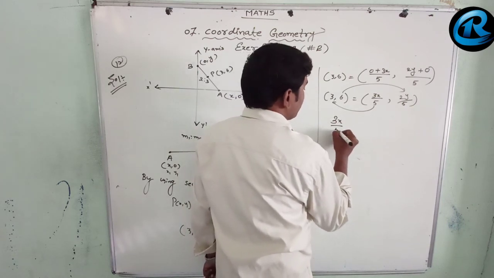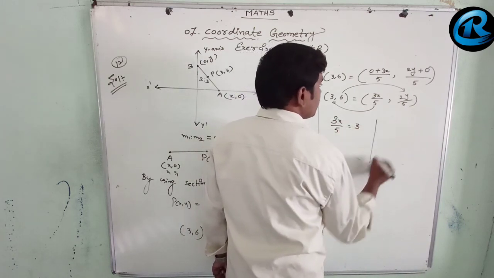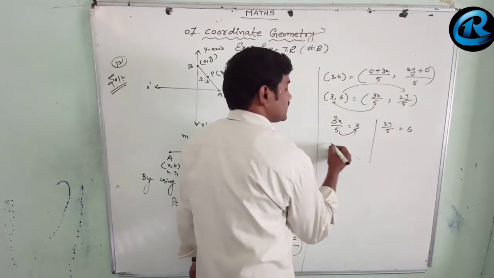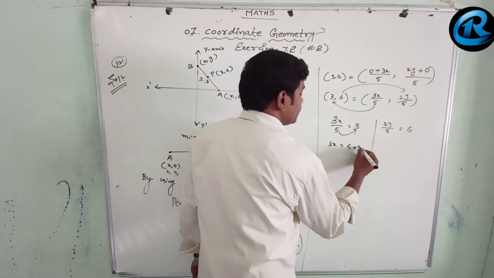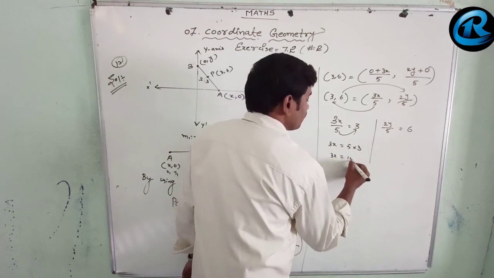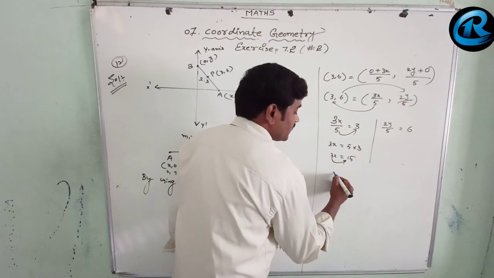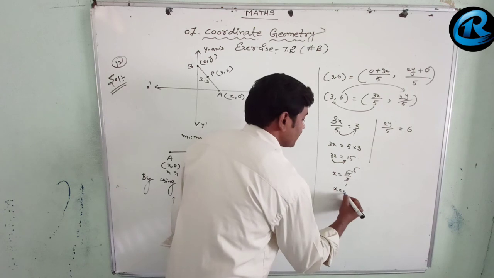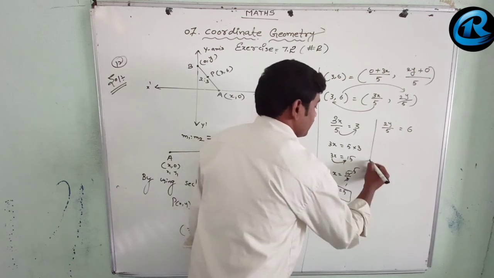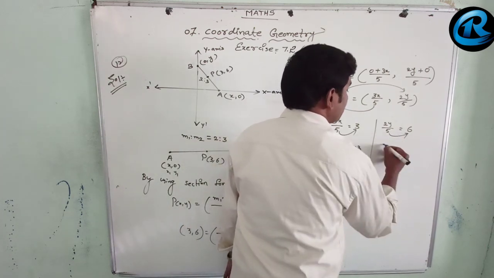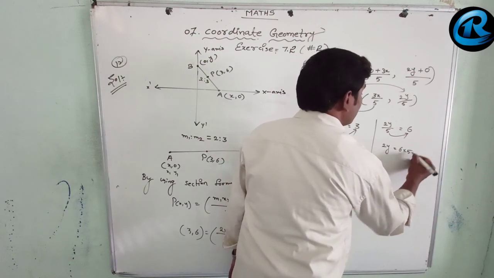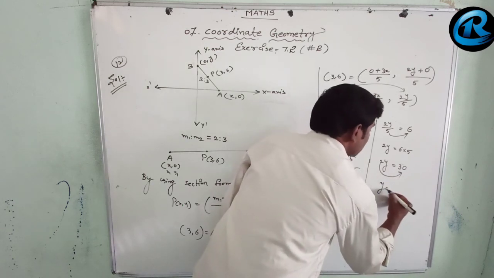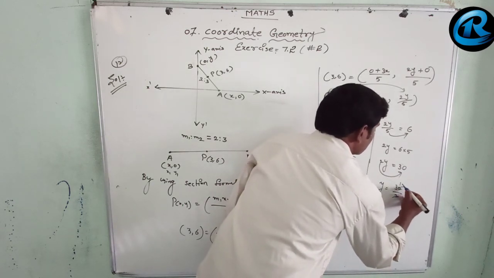So 3x/5 = 3 and 2y/5 = 6. Transferring the 5, 3x = 5 into 3, so 3x = 15, and x = 15/3, so x = 5. And 2y = 6 into 5, so 2y = 30, and y = 30/2, that is 15.